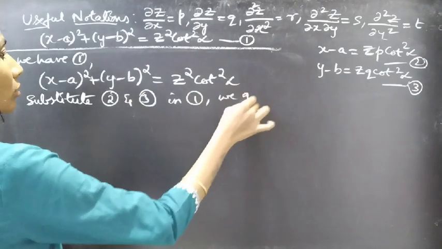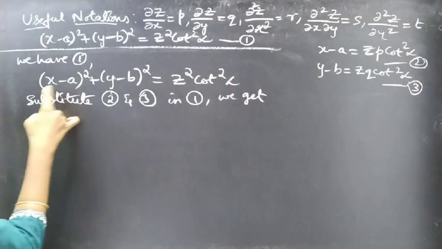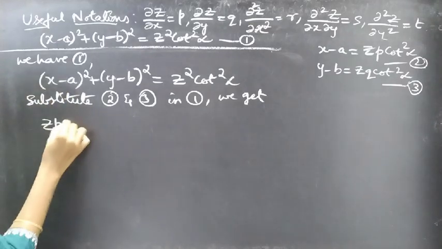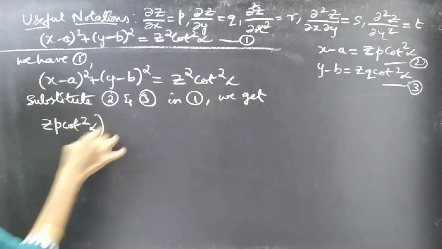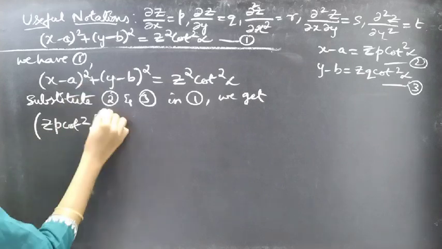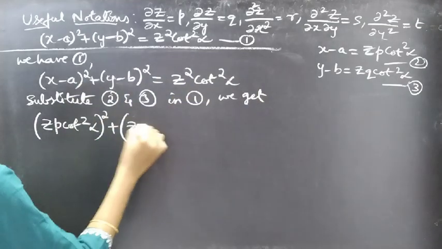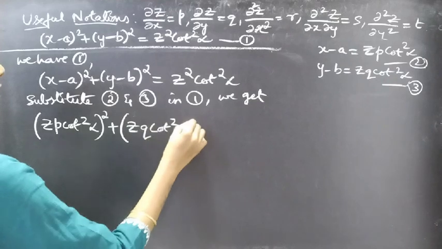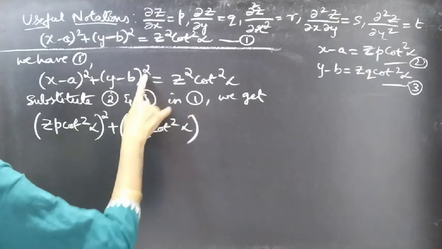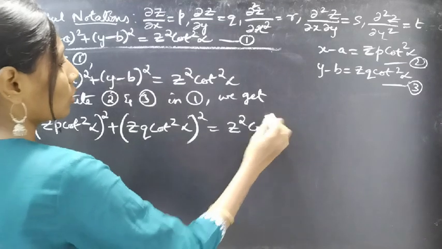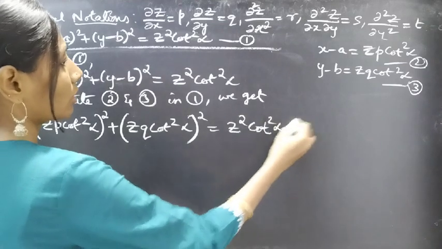We get, just replace x minus a by zp cot square alpha, you'll get zp cot square alpha whole square, plus replace y minus b by zq cot square alpha, you'll get zq cot square alpha whole square equal to z square cot square alpha.